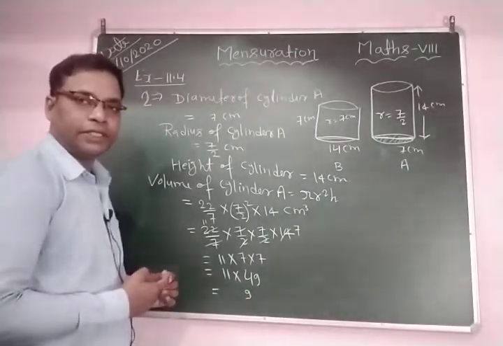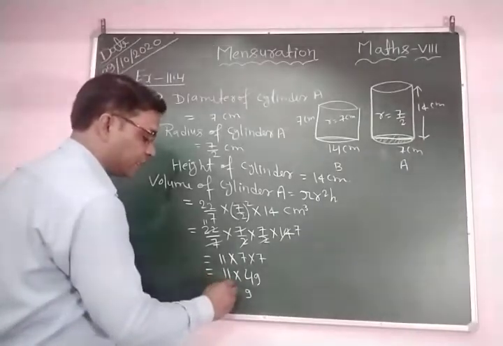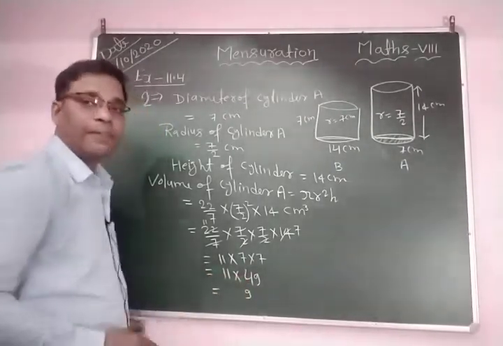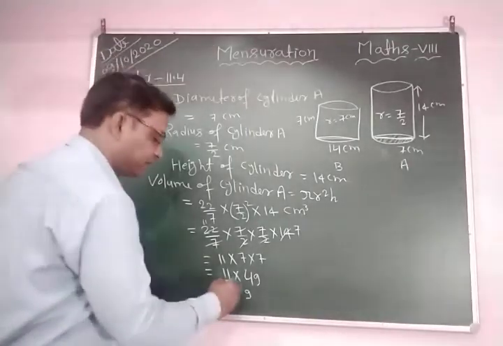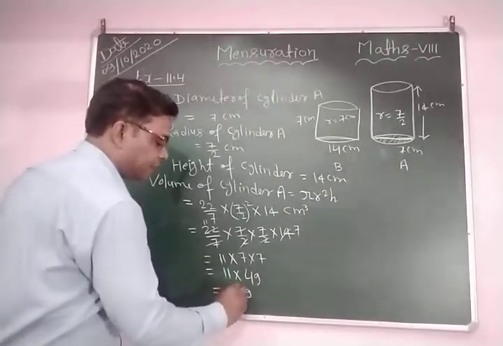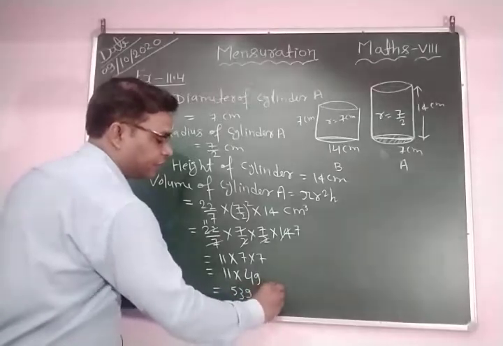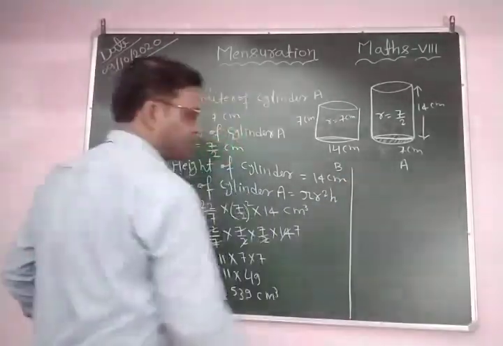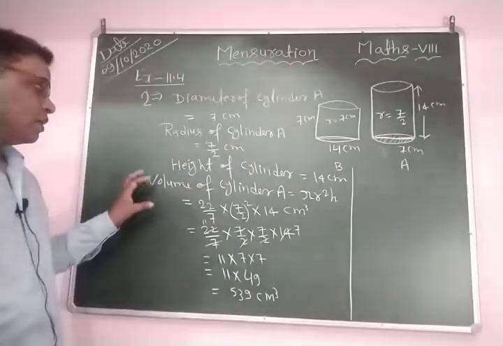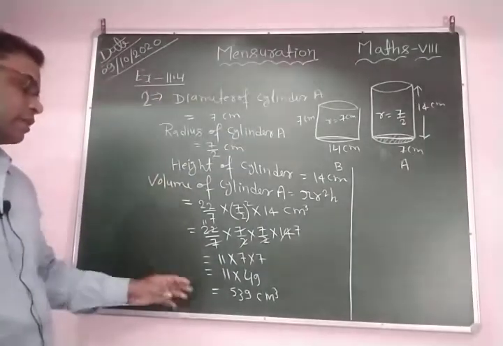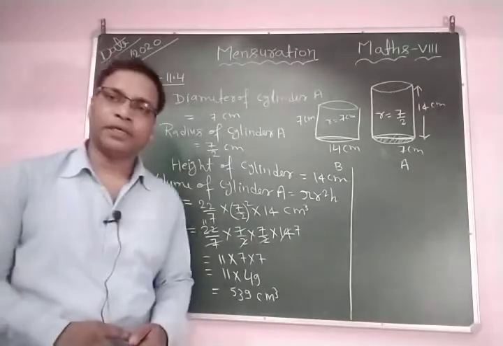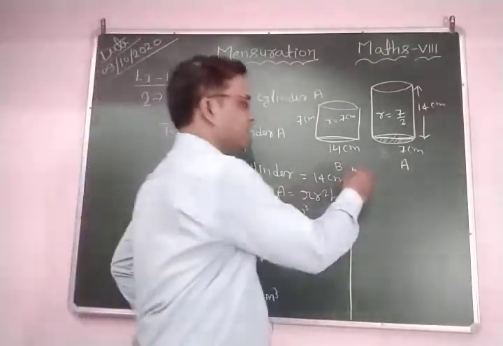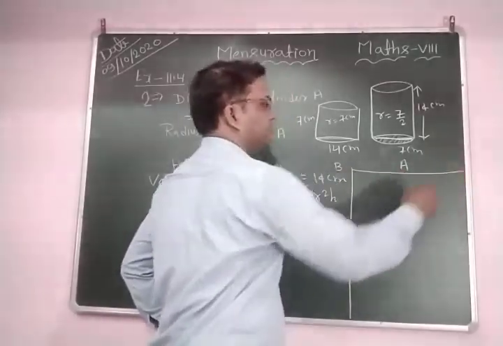Sorry, 44 plus 9 is 53. So you can write here 539 centimeter cube. In this way we find the volume of cylinder A.